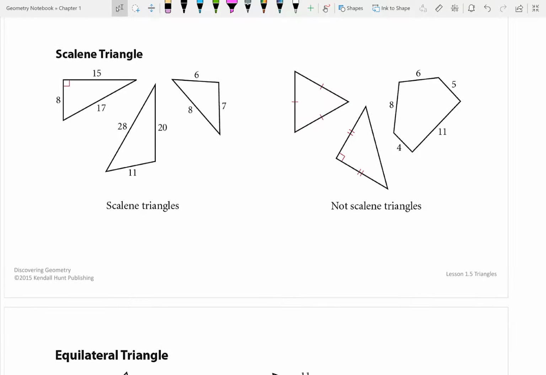Scalene triangles, here you can see clearly that scalene triangles are, let's see here, 8, 15. Here you have all of these are the same length. These are the same length. So it looks like all sides are different lengths.